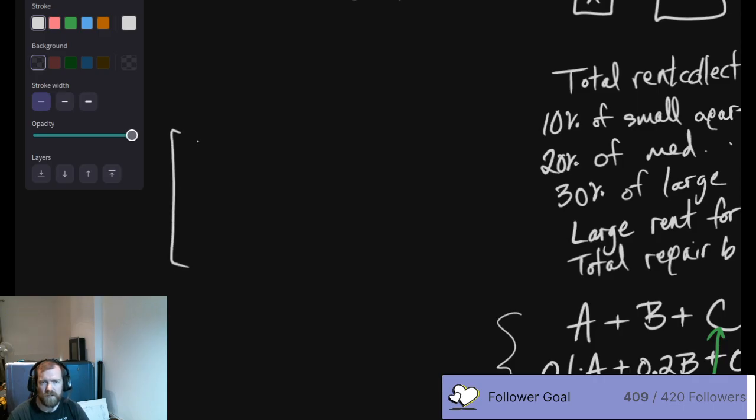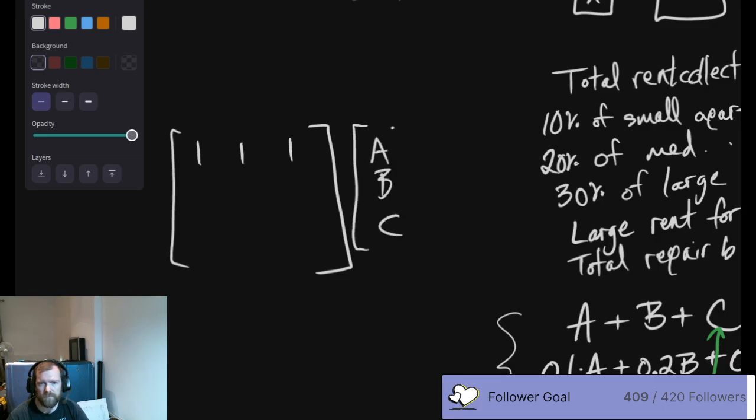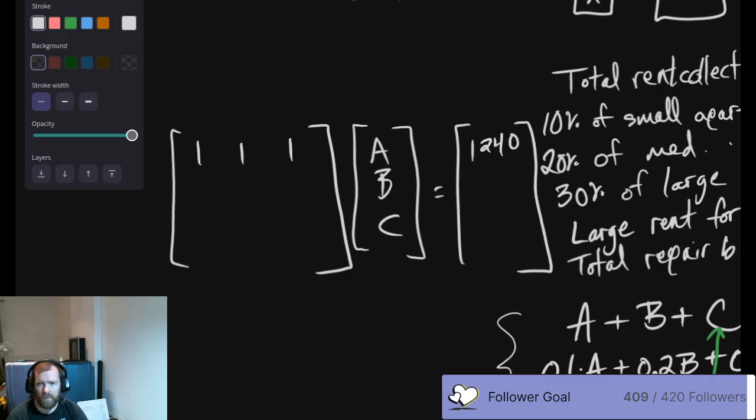So here, we said that a plus b plus c is going to get us 1240. So here, again, first row multiplied by the first column.